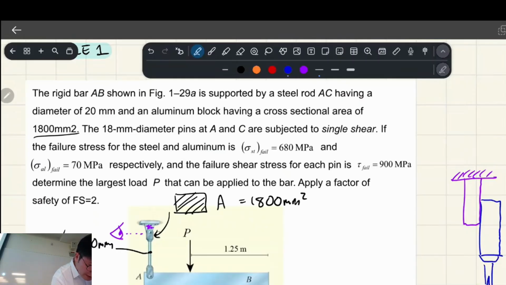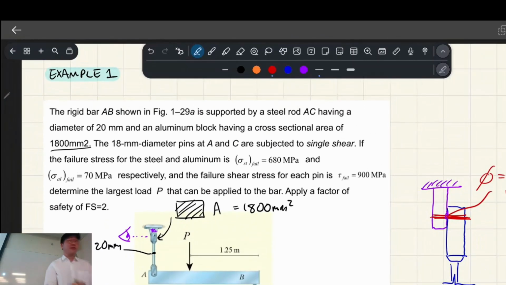And then maybe that continues down, and your pin is in single shear. So the pin is the connection. It doesn't say the cross-sectional area, but it says the diameter is 18 mil.